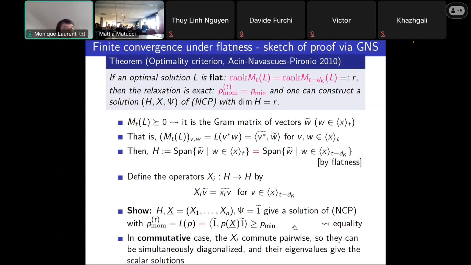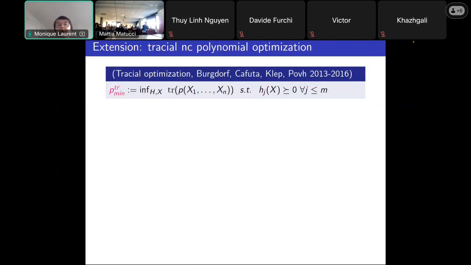Okay, so I think I'm almost at my time. I have maybe 2 more minutes. So in these 2 more minutes, I will quickly flash through extensions of this non-commutative polynomial setting, which have been studied in recent years.